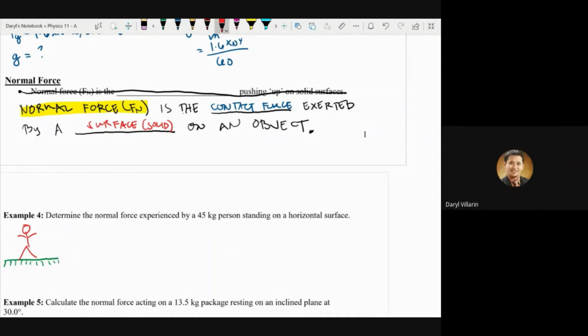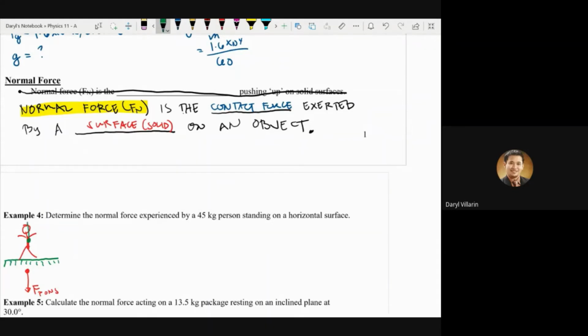Well, this particular person will exert a force on the surface. At the same time, the surface will react.